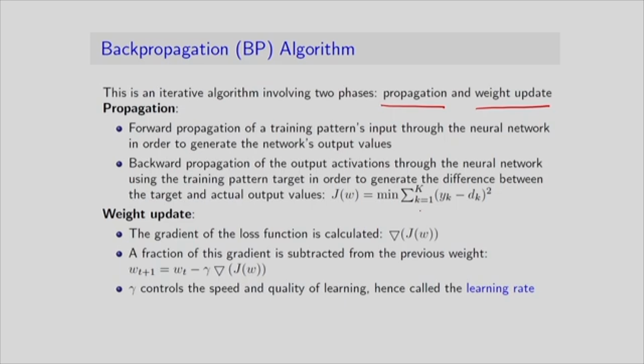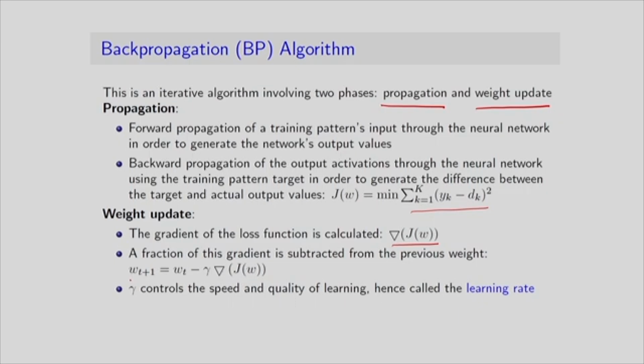So that concept already I have explained. That is the cost function, that is nothing but the difference between the actual output and the target value, that is the desired output. So that we have to minimize. For minimization of this, I have to adjust the weights of the artificial neural network. So we have to calculate the gradient of the loss function, because I have to find the minimum value. That is why I am taking the gradient of this.